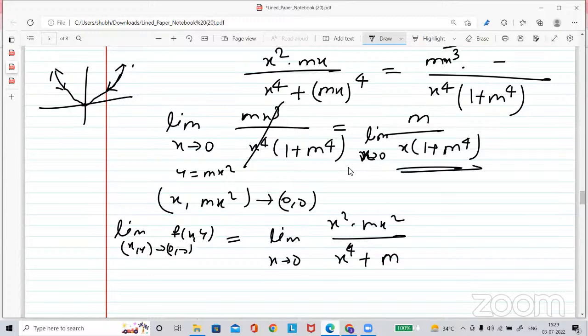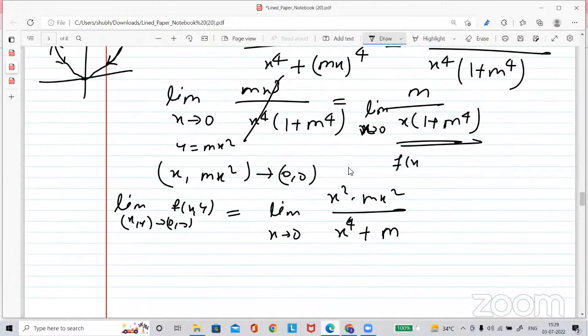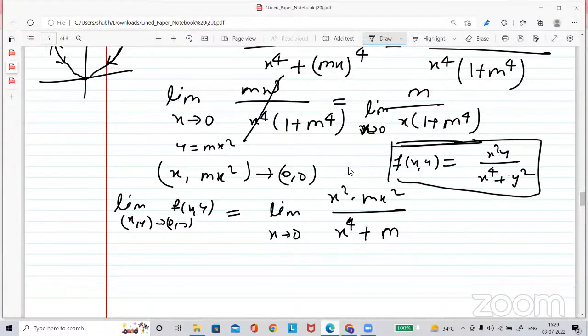Now let me change the function here, then it will be more clear. Suppose your function is this one, x square y upon x square plus x to the power 4 y square only. Then it will be clearer to you.